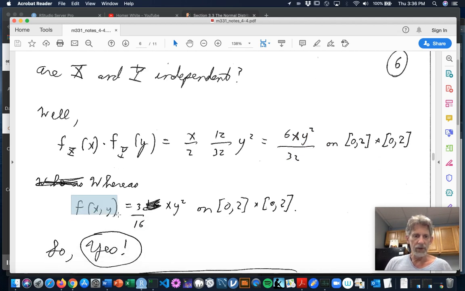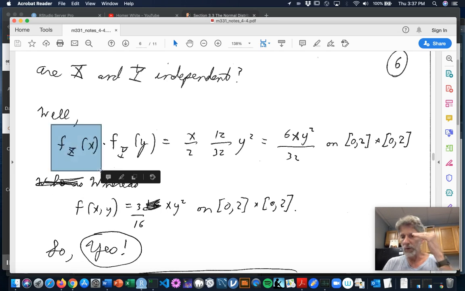Now, the formula for the PDF was 3/16 xy squared on that space. And so, hey, 3/16 is 6 over 32. And so over S, the two are equal. And outside of it, you also have zeros for these two things, because the support of f sub x was just 0, 2.